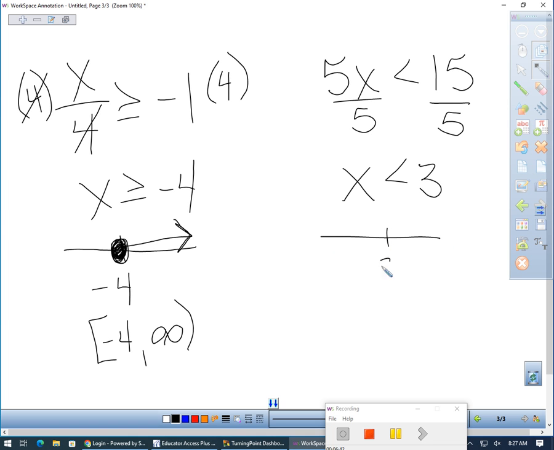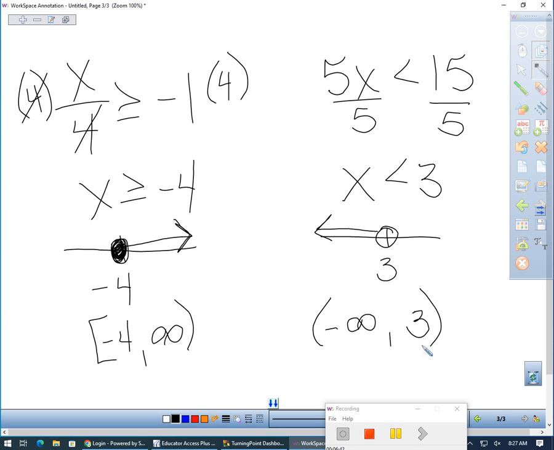On my number line at 3. This time, do I have an open or closed dot? Open, very good. And which way does my arrow go? To the left. You guys are awesome. All right, interval notation, starting at that arrow. Means it starts at -infinity, goes all the way to 3, with a parenthesis for the open dot.